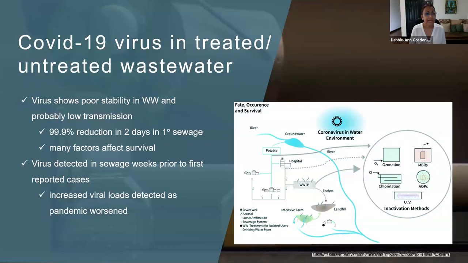Another important finding is that the viral loads in the wastewater increased as the pandemic worsened in these areas. So based on that, and based on this diagram, you can see that there are pathways for the transmission of the virus from wastewater into the water environment, the aquatic environment.